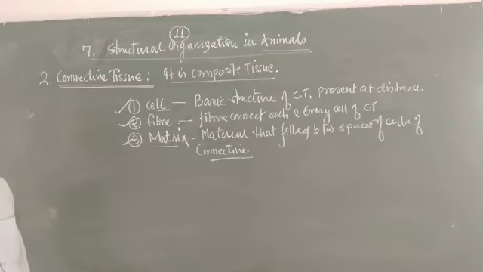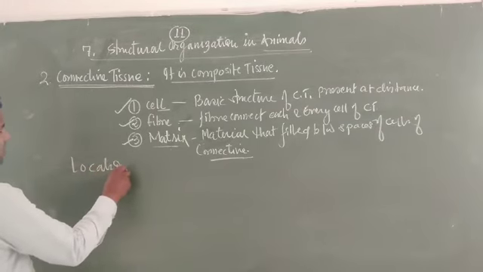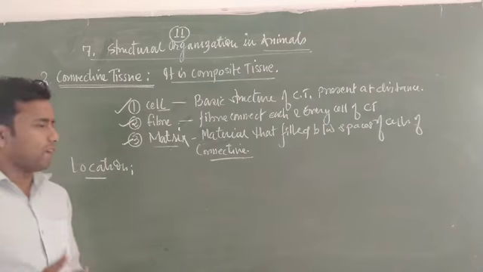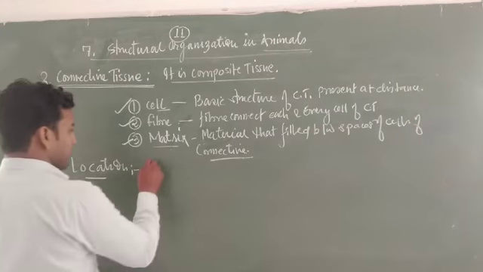Connective tissue is further classified into various categories, and their locations are also various. If we talk about the fluid connective tissue, then blood comes under this category, and you know that blood is continuously moving in our blood vessels, pumped by the heart. The location of each connective tissue is different at different places in the body.